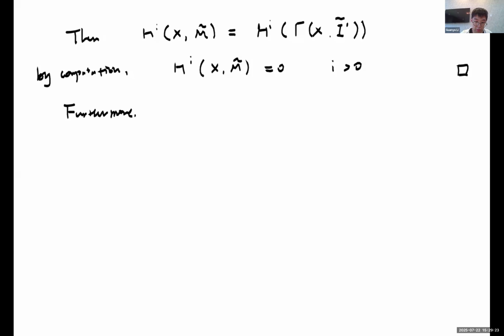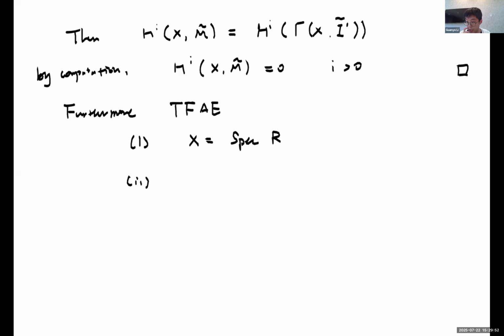the converse is true, which means the following are equivalent. The first one is X is an affine scheme.